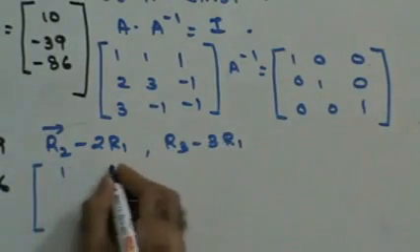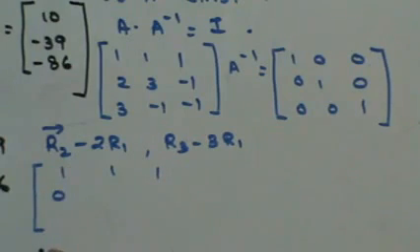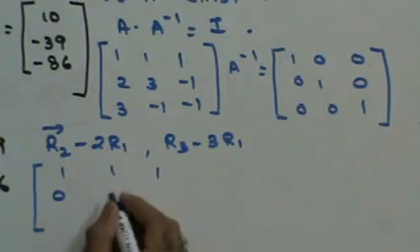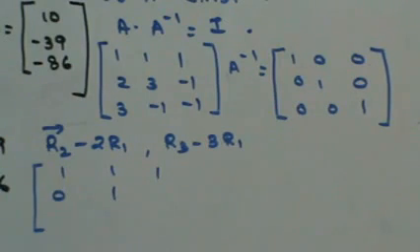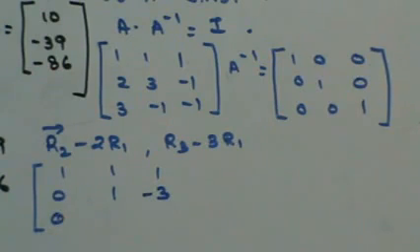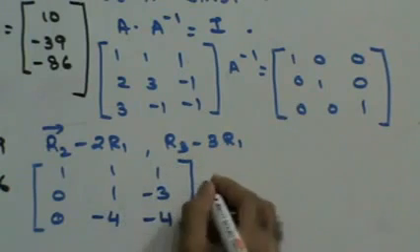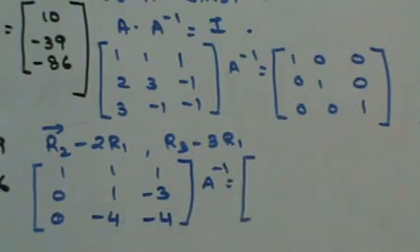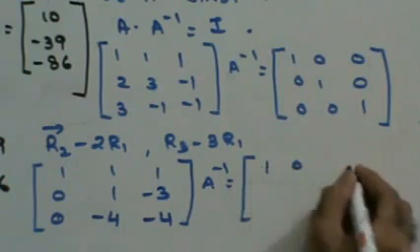So in which case you will get this as 1, 1, 1, 2 minus 2, 0, 3 minus 2, 1, minus 1, minus 2, minus 3, 3 minus 3, 0, minus 1, minus 3, minus 4, then you have minus 1, minus 3 again, so minus 4, into A inverse is 1, 0, 0.